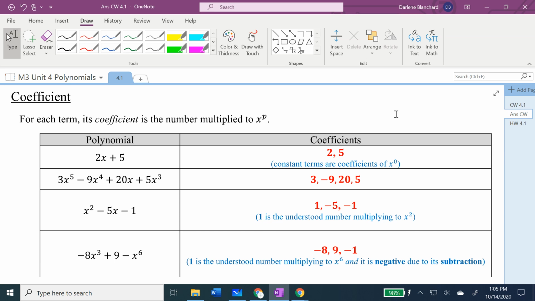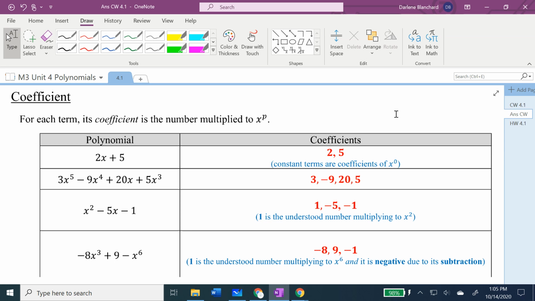So with 2x plus 5, it has coefficient 2, but the constant term is also considered a coefficient. Although some of the new Common Core curriculum is not mentioning the constant terms being the coefficient, but it is. That is the official math thing. The next polynomial, our coefficients are 3, -9, 20, and 5.